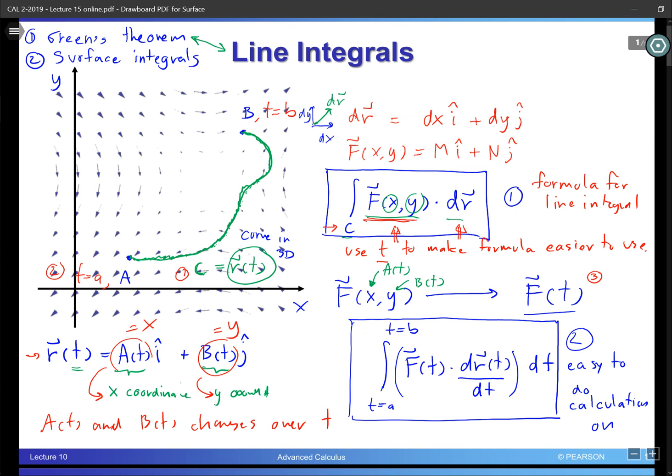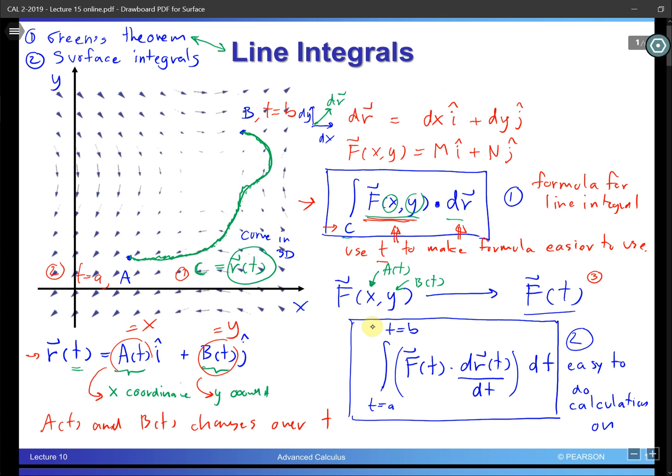As you can see in the first form, this is the dot product of these two. So let's find that. The dot product of these two is equal to the product of the i components, that is M dx. I need to change color.